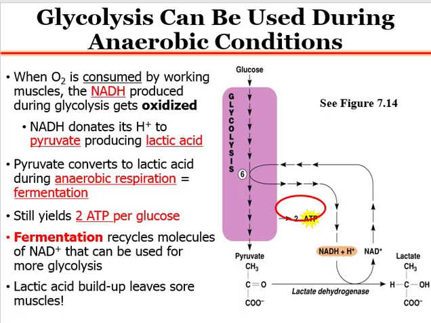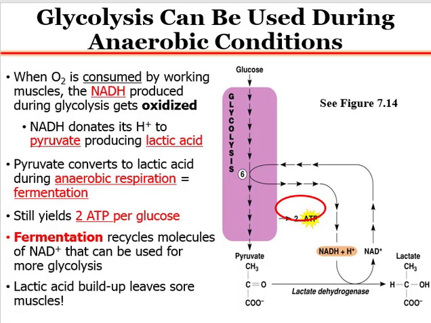In this diagram here, with the help of figures 7.14 through 7.15 in your textbook, we see pyruvate being produced in the normal way from glycolysis, but NADH gets oxidized and donates its hydrogens to pyruvate, making it lactic acid.